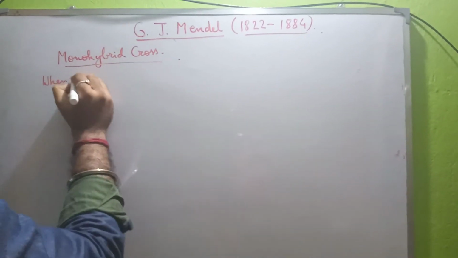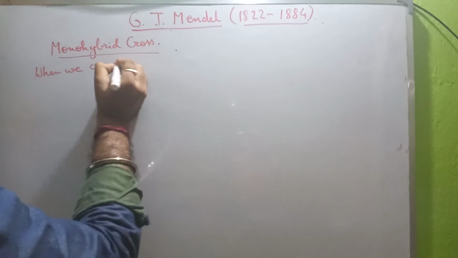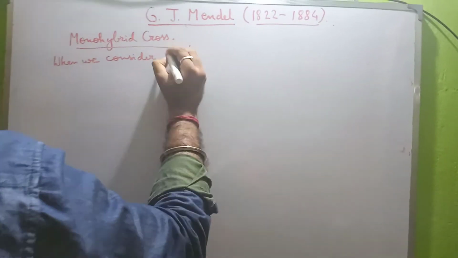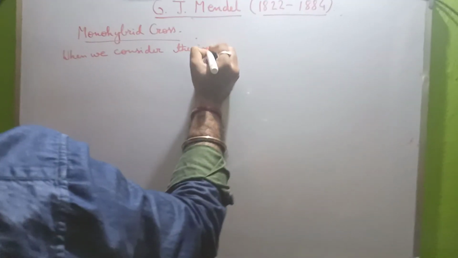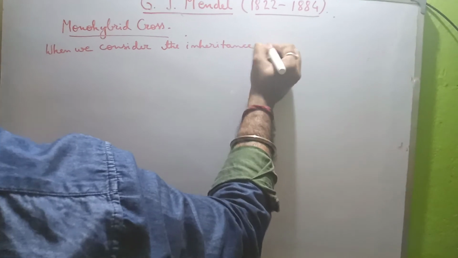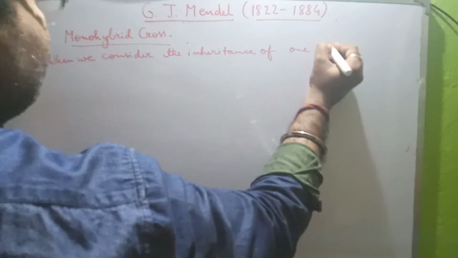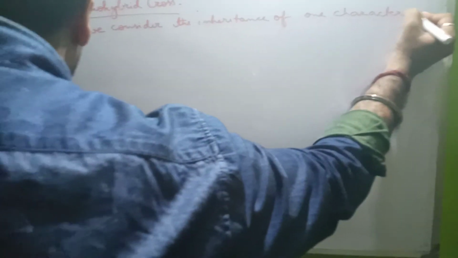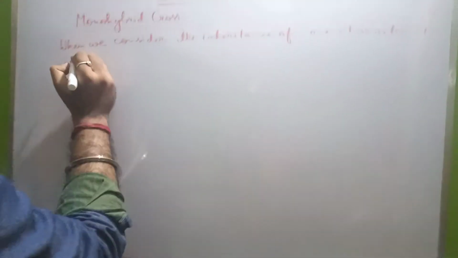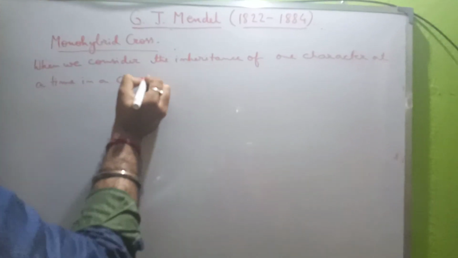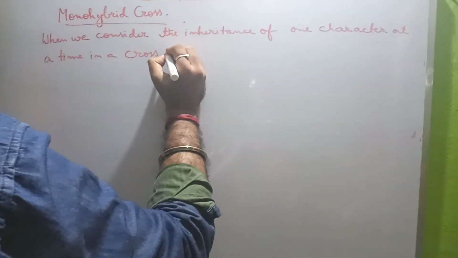When we consider the inheritance of one character at a time in a cross, it is the monohybrid cross.